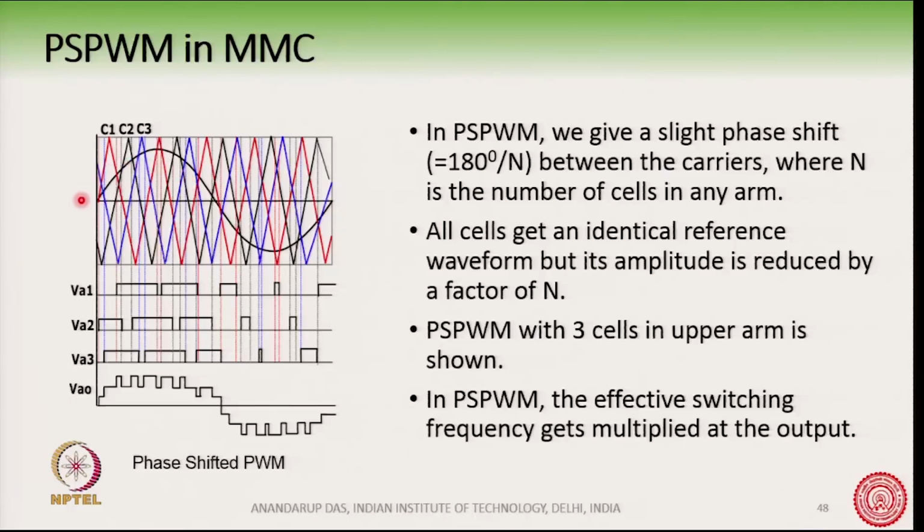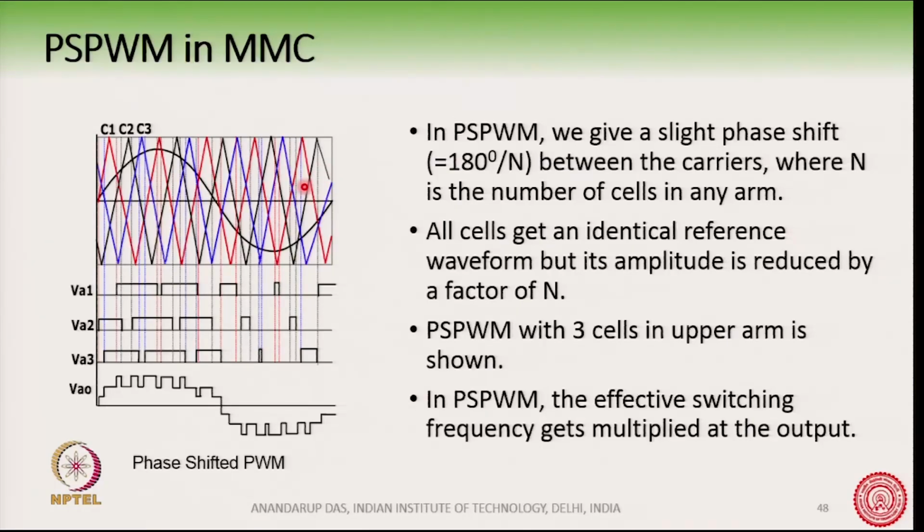Suppose this is for the upper arm, and we have several carriers here. In phase shift PWM we give a slight phase shift between the carriers. In this converter we have 3 cells in the upper arm, so we use 3 carriers.